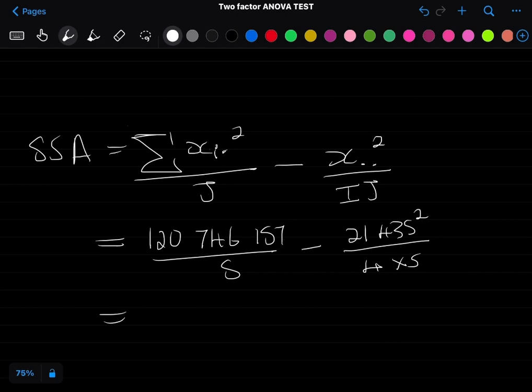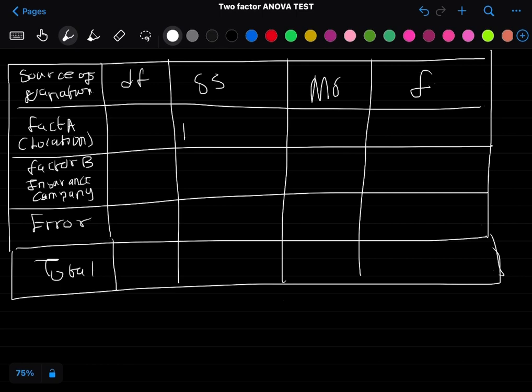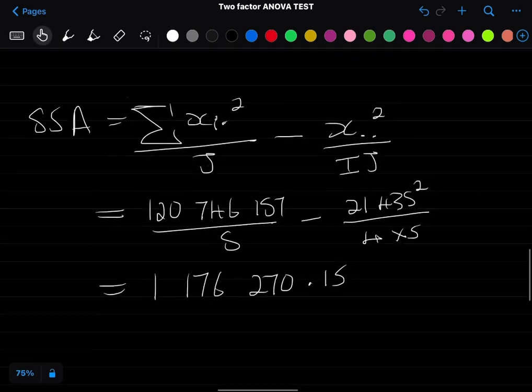And this will be 1,176,270.15. Then we can fill this in our table.